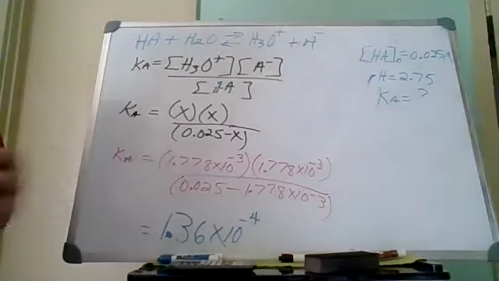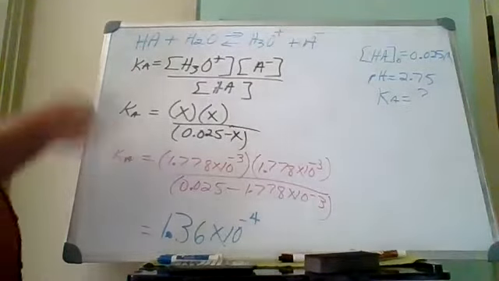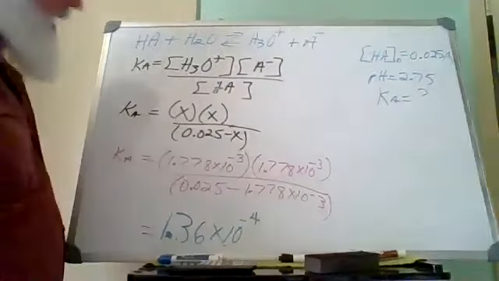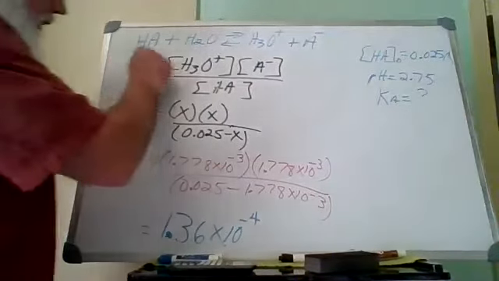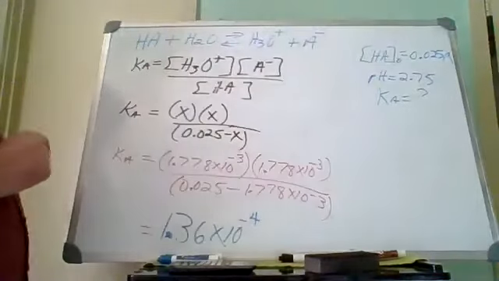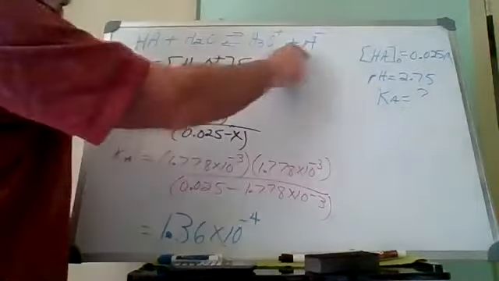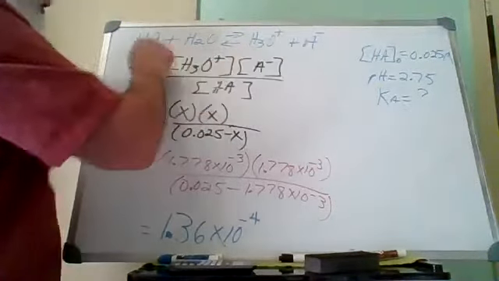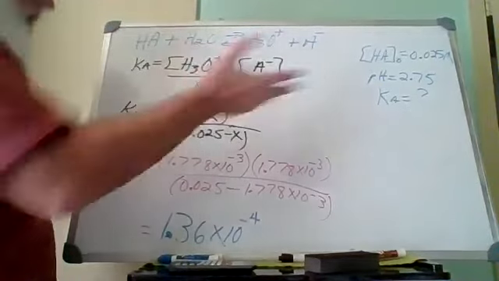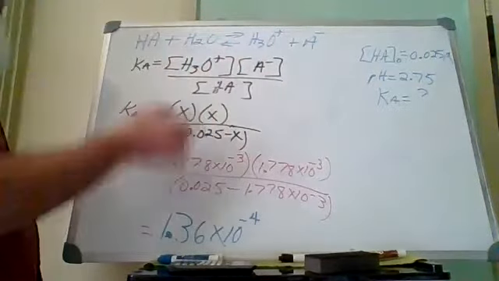Does anybody have any questions here so far? Okay, let's just review one last time, because you're going to do this many, many times. We wrote out an equilibrium expression for the acid dissociation, and that's going to be the same for every one of these weak acids.